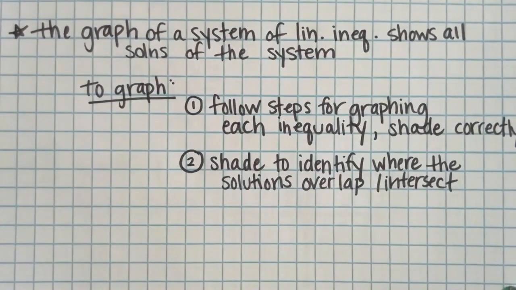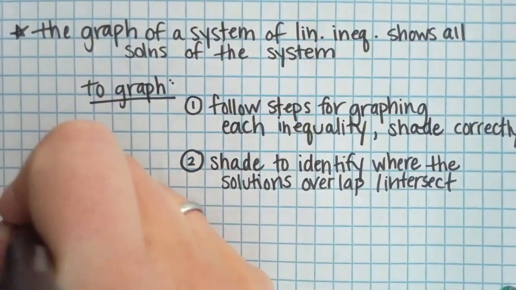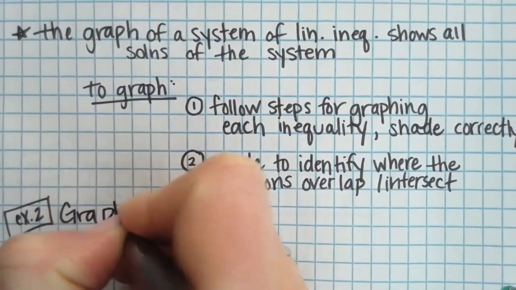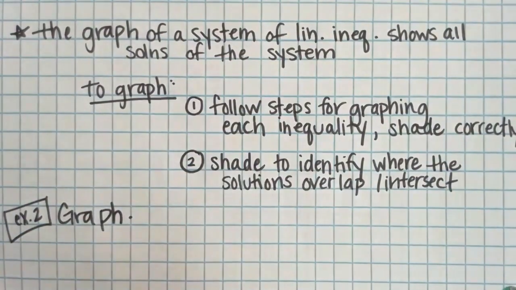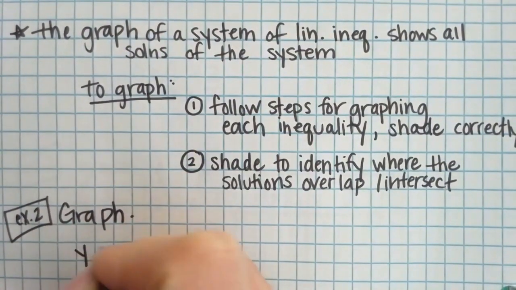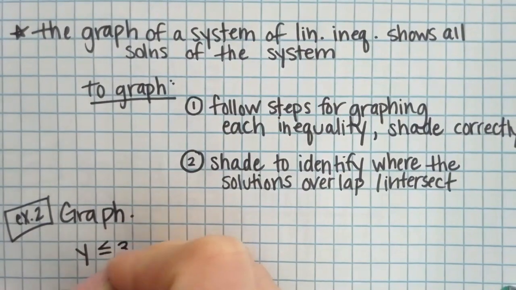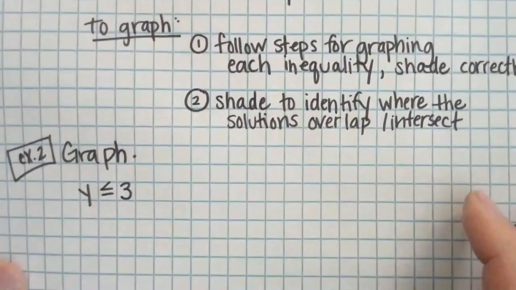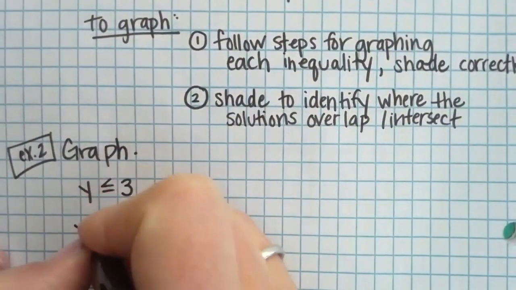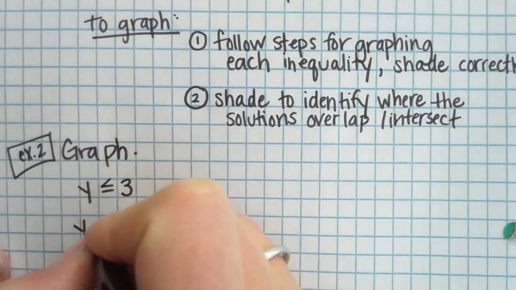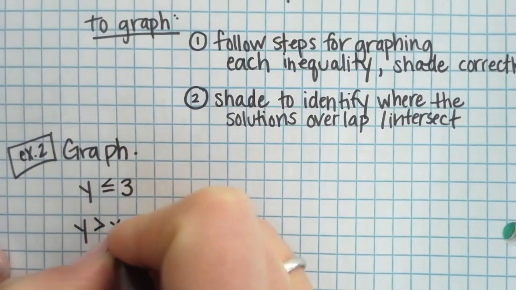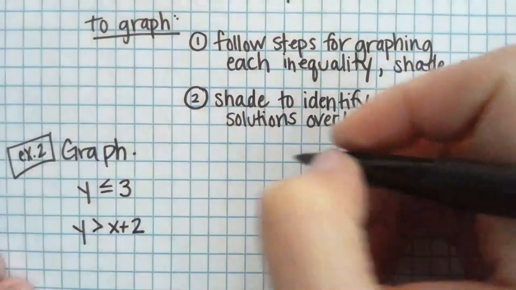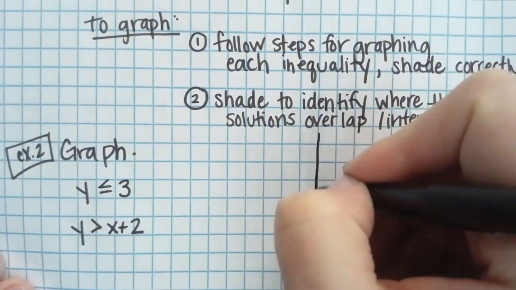So here, this is example 2, and it says graph this system, y is less than or equal to 3 and y is greater than x plus 2. Okay, I'm going to set up my graph here.